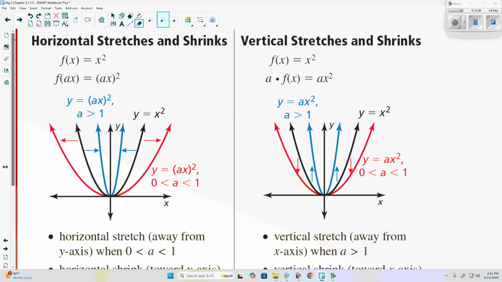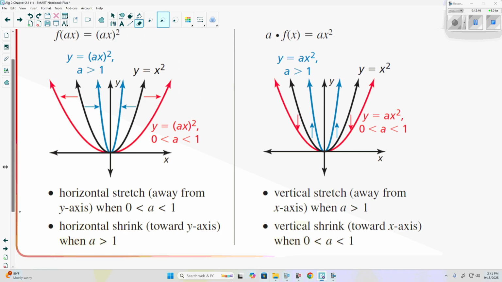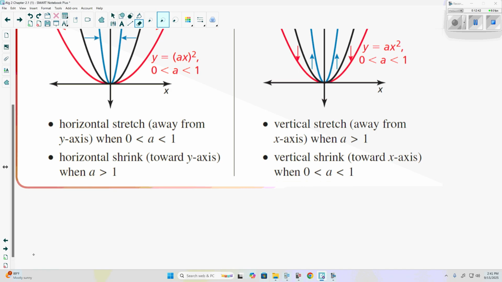Horizontal stretch and shrink. Horizontal is a little bit weird. Now this here, this value of A, they're talking about the value that's in the function. Because if that value of A is between 0 and 1, we say that it's a horizontal stretch. However, when we go to describe it, we take whatever that value is and flip it.